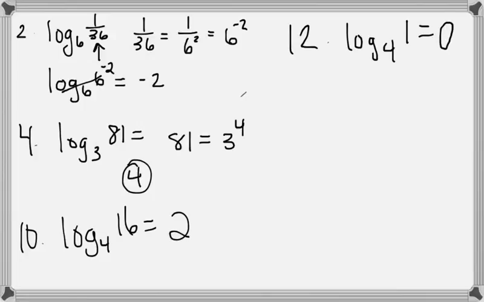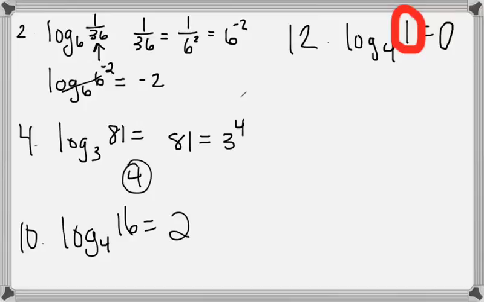You're right. It's 0. Because 4 to what power is 1? Anything to the 0 power is 1. So that's a key phrase. If you see you're taking the log of 1, doesn't matter the base, the answer is 0. Always.